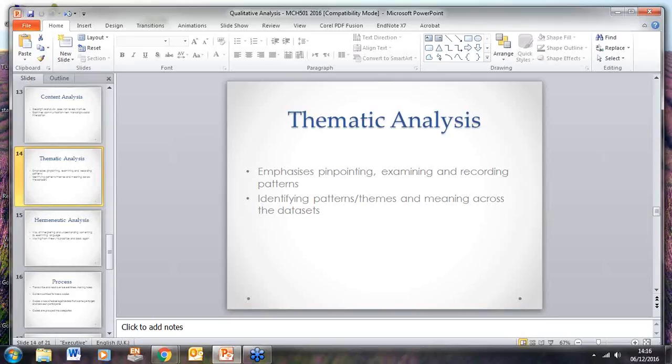So can you see patterns occurring in the discussion and the conclusion of the research studies that you're reviewing? And if you can, what is that saying about the methodological impact of that particular study?